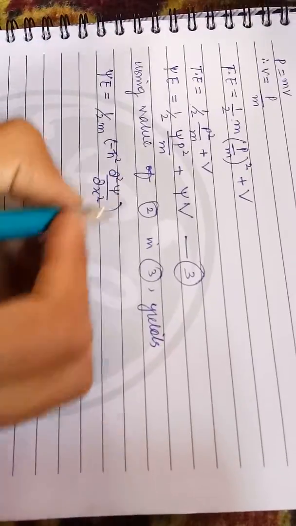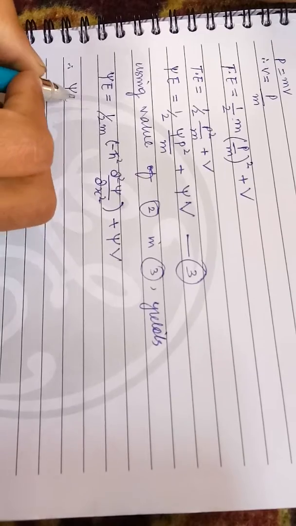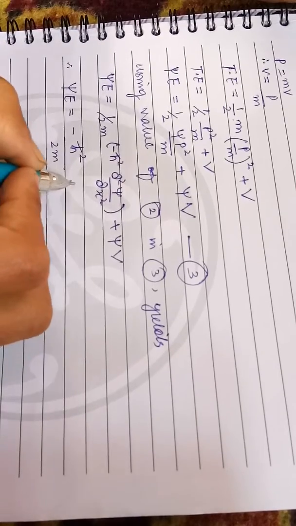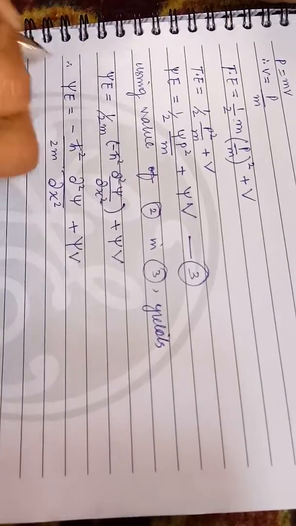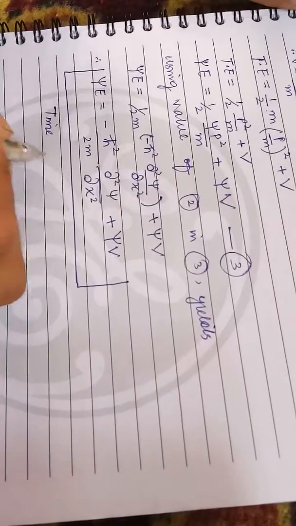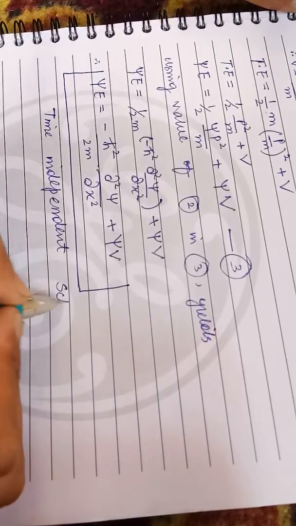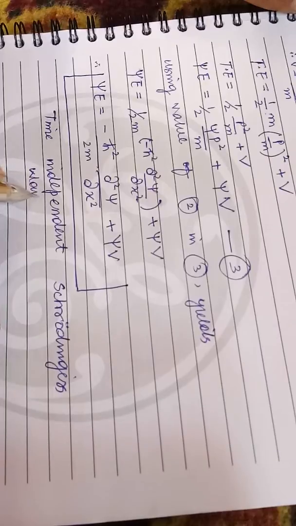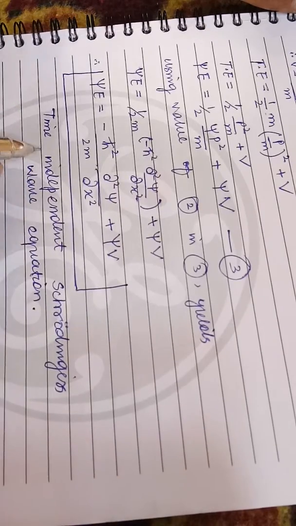And the other thing that remains is plus psi V. Therefore psi E equals minus h bar square by twice m dou square psi by dou x square plus psi V. This is what we call time independent Schrodinger's wave equation.